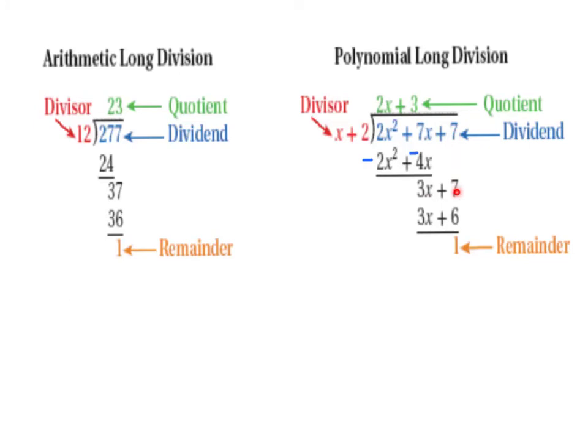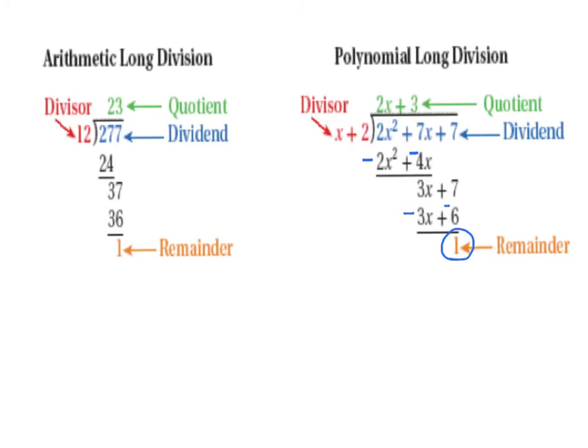Okay, then we ask ourselves, what times x would give me 3x? Well, of course, it's going to be 3. So now we're just going to take this 3 and multiply it times this binomial right here. So 3 times x gives me 3x, and 3 times 2 gives me 6. Now at this point, we're going to change the signs and add, and when we do so, we're left with a remainder of 1.